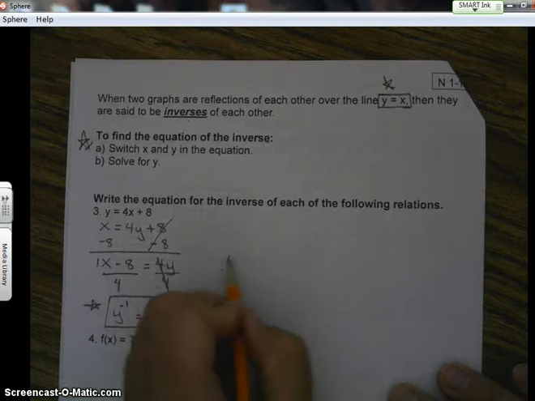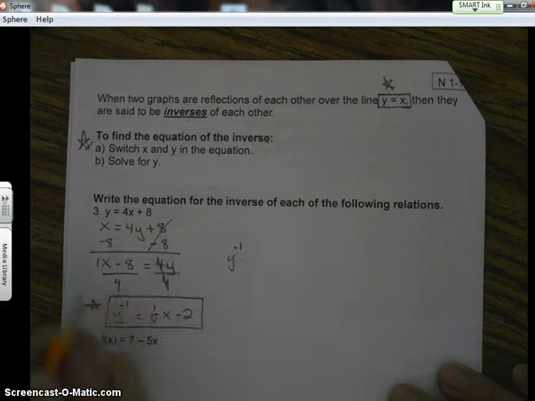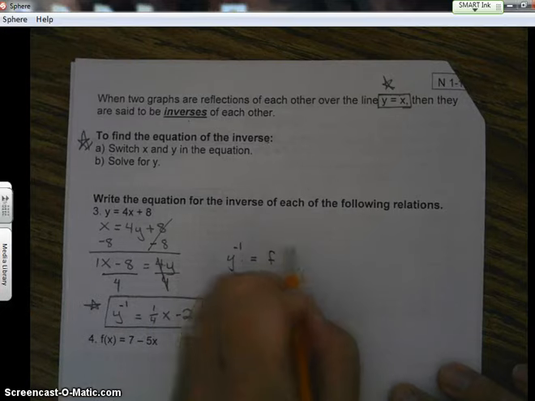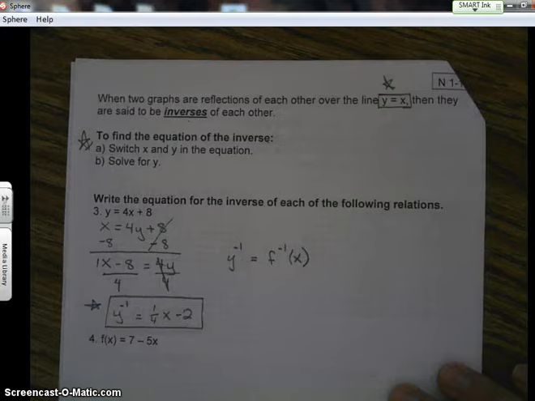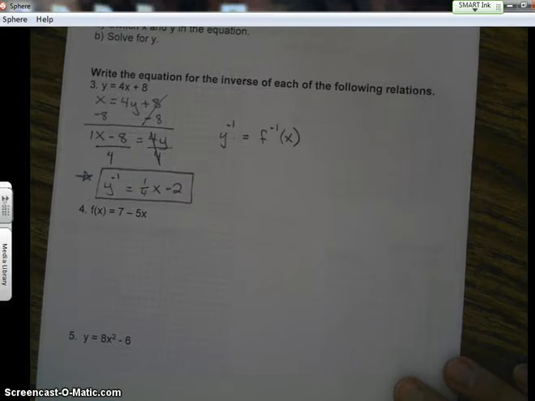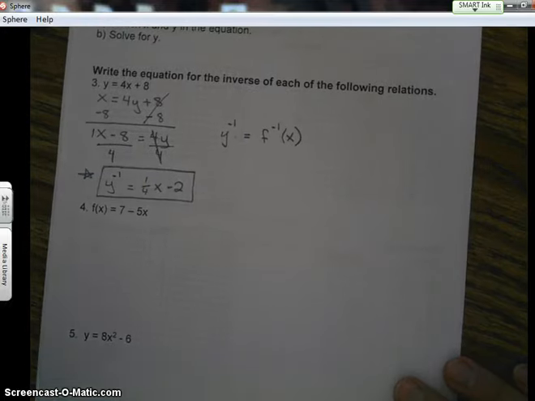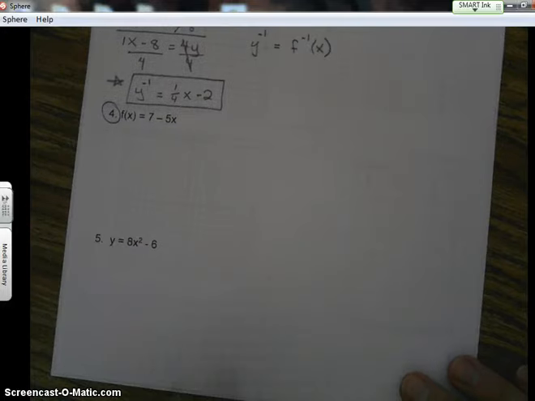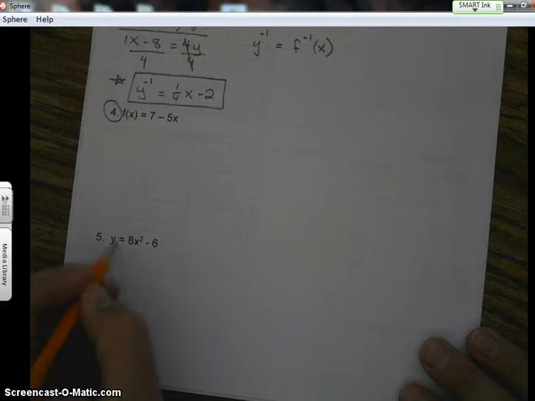Another way to write inverse besides the -1 on the y is to use function notation, and that looks like that. Okay, so number 4, your turn. Number 5, so we're going to switch the x and the y.